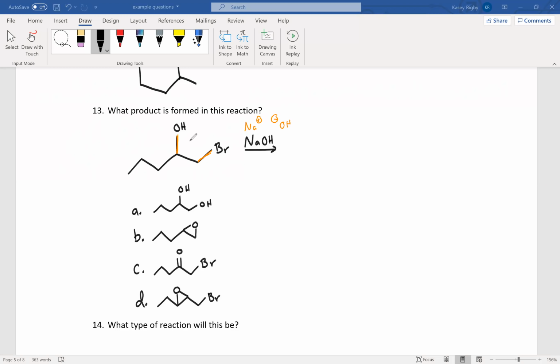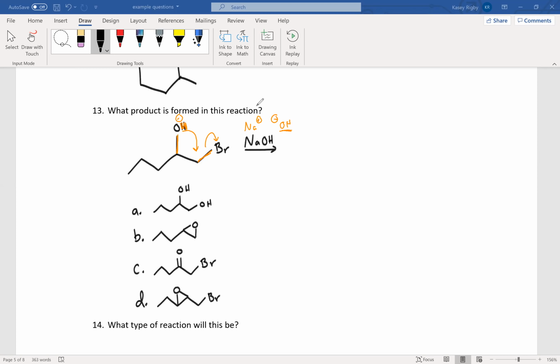If we look back on the notes, NaOH, which is a strong base, is used to deprotonate this and then do an intramolecular SN2 reaction. So this O is going to replace that Br, and we're going to end up with an epoxide.